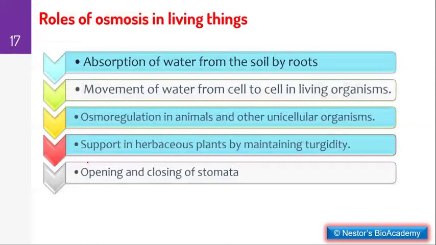Away from that, it's important that we also look at the critical roles that osmosis plays in living things. Osmosis is a very important process in absorption of water from the soil by the roots. Remember, if you can recall from the previous topic, when we were looking at the specialized cells, we said the roots usually have the root hair cells.